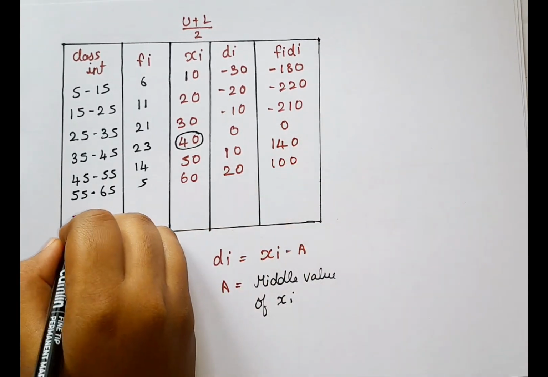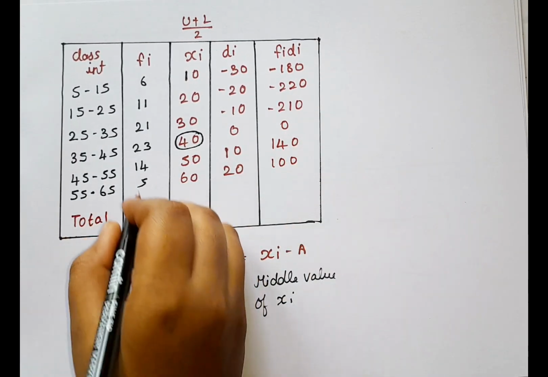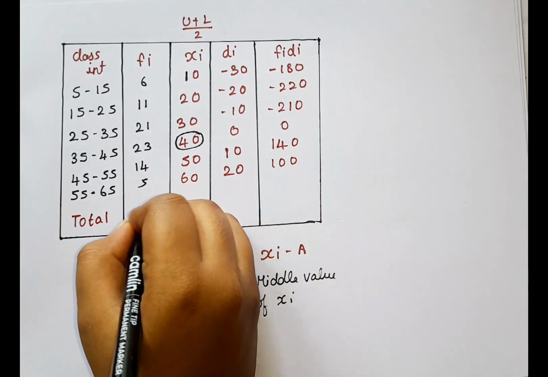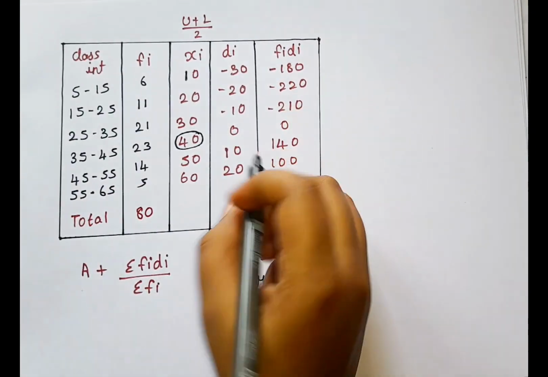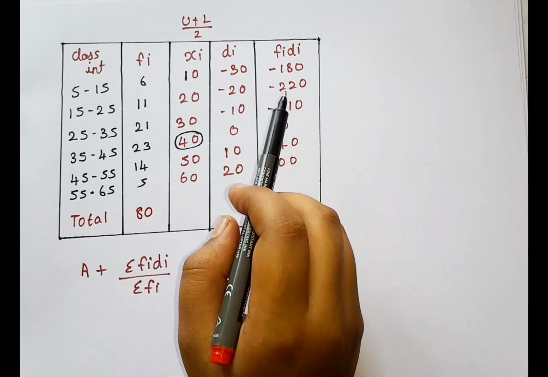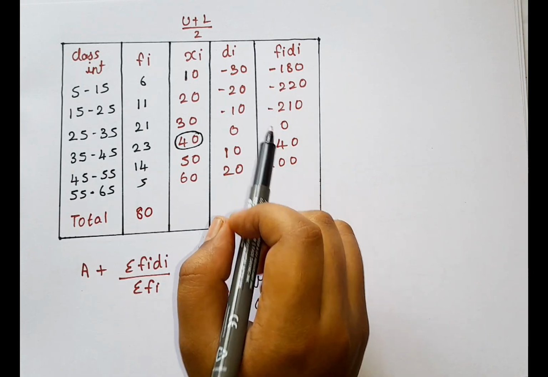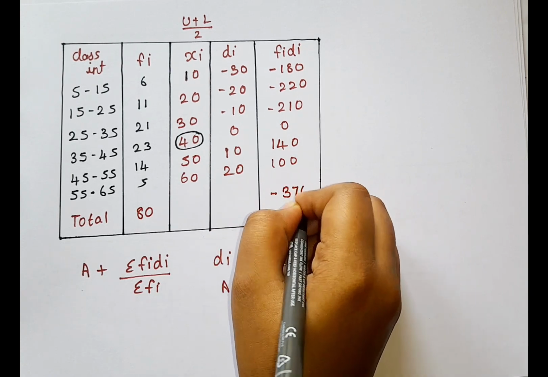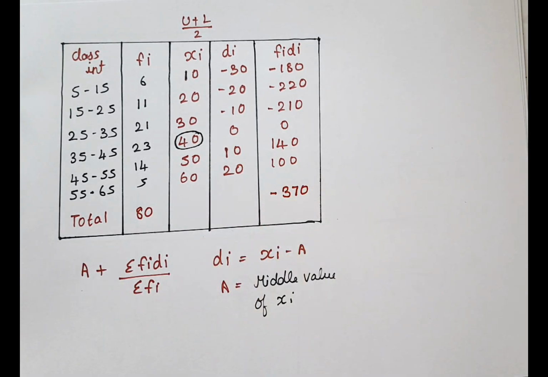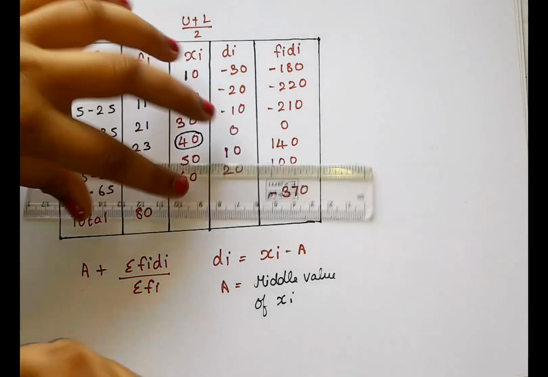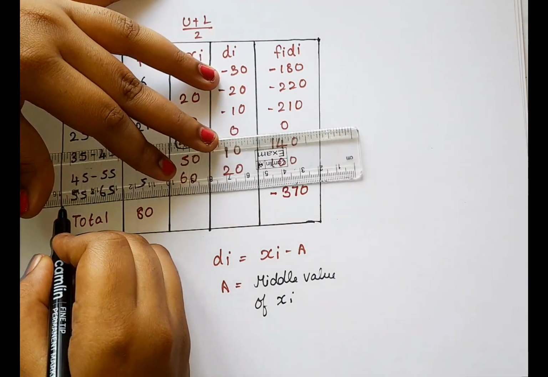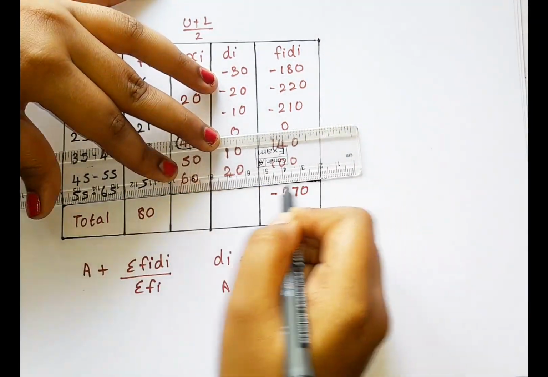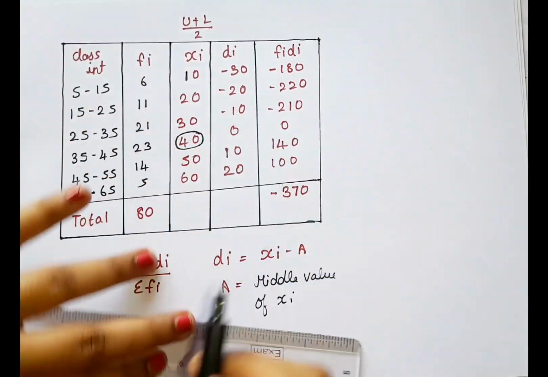Now we are going to do the total. The total of fi is 80, and here we have some subtraction symbols as well, so be careful. We'll get minus 370.